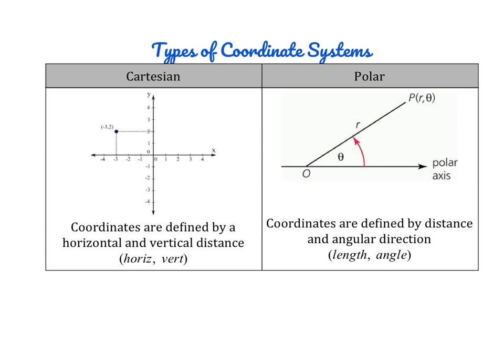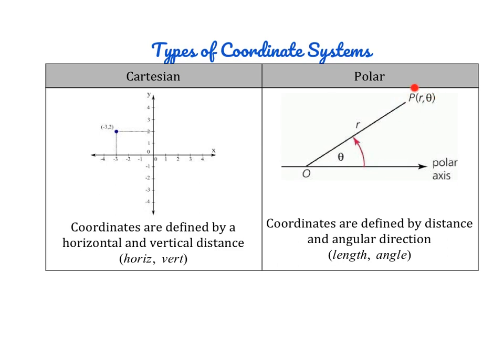So another type of coordinate system is called a polar coordinate system. Rather than measuring a point based on horizontal and vertical movement, in a polar coordinate system, the coordinates are defined by the distance from what we would call the origin and by the angle created from what we call the polar axis.